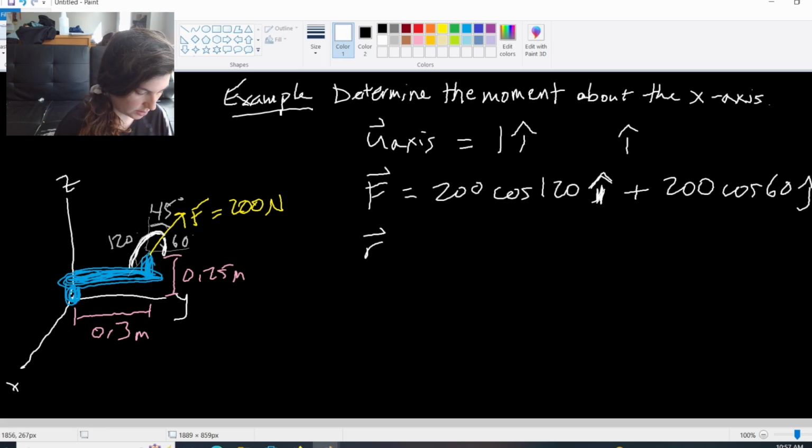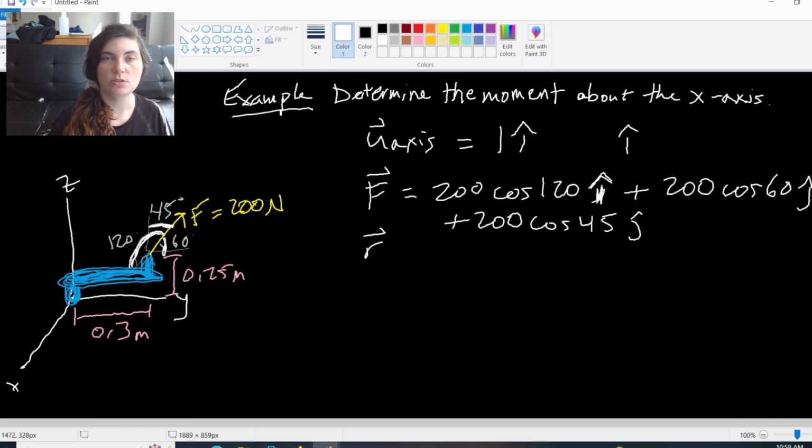That's our y component. And then our z component is plus 200 cosine 45 k hat. Not j hat, k hat, sorry, z direction, k hat. So that's our force vector broken down into its Cartesian form: 200 cosine 120 i hat plus 200 cosine 60 j hat plus 200 cosine 45 k hat.